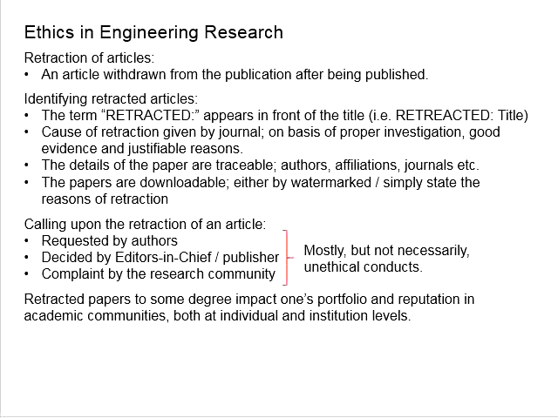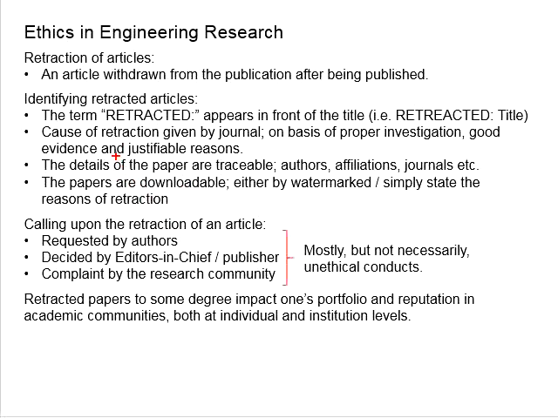Now let us look at how we identify the retracted articles. Normally, the term retracted will appear in front of the title, for example, retracted followed by the title. Then, the cause of the retraction will be given by the journals, which is normally on the basis of proper investigations, good evidence and justifiable reasons for the retraction.